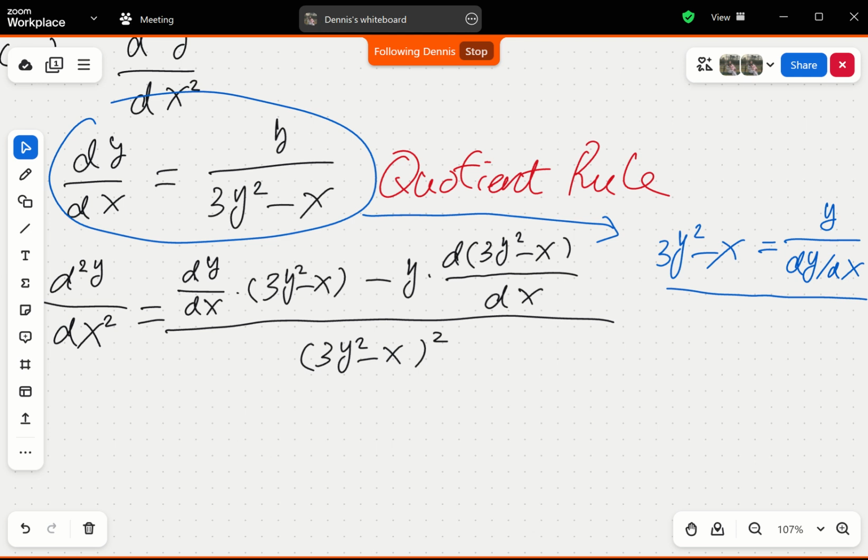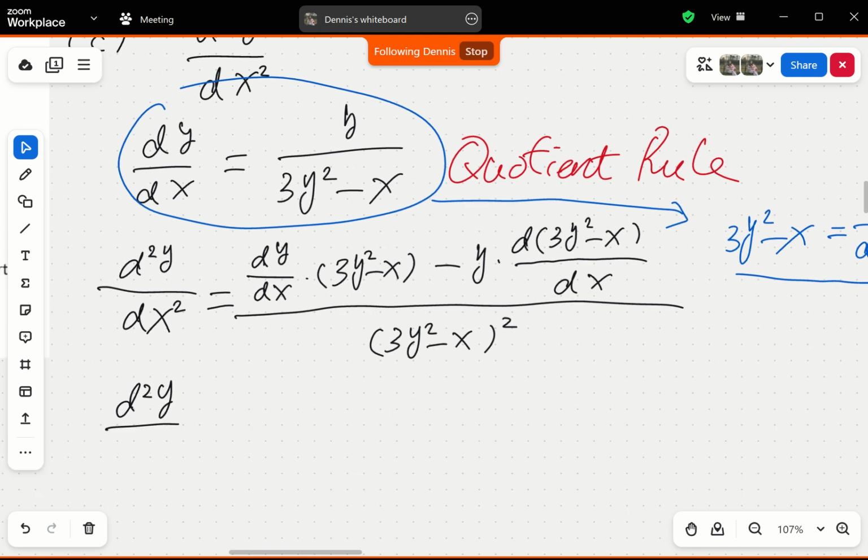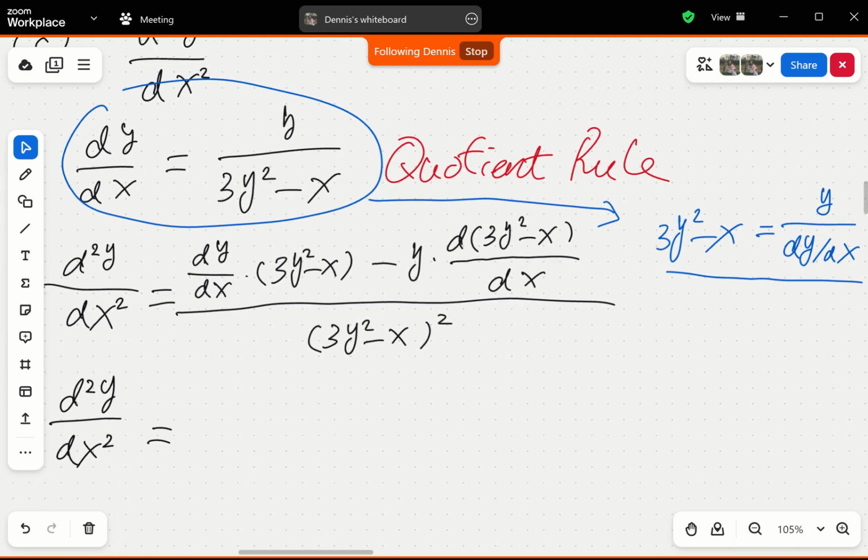So now we have the second derivative of y with respect to x. We try to simplify by substituting the 3y squared minus x with y over dy with respect to x. Okay, and for this one, for minus y times, this one we're gonna solve the derivative of, so we're gonna apply the chain rule.